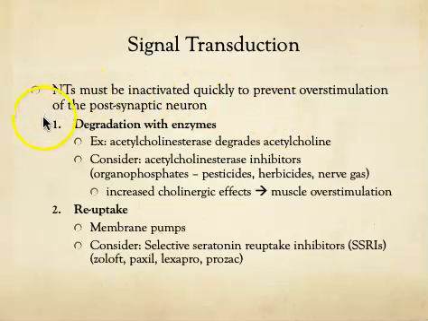So let's start first with this first type of control, degrading the neurotransmitter with enzymes. A good example of this involves those cholinergic synapses, the synapses that use acetylcholine as a neurotransmitter. There's an enzyme called acetylcholinesterase, and this enzyme can break down acetylcholine.